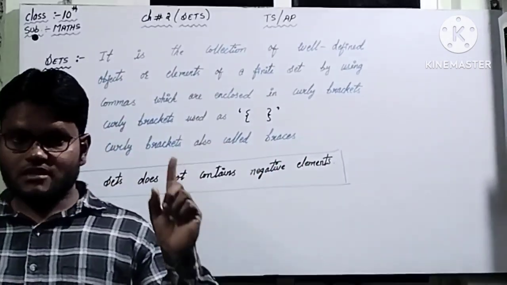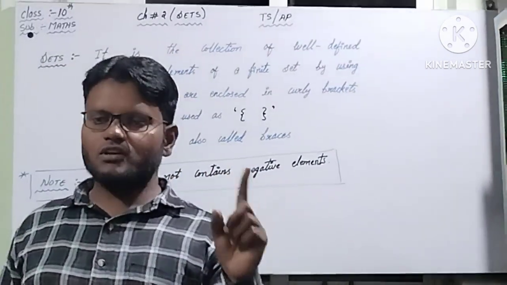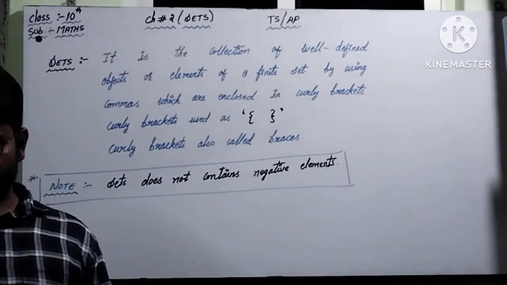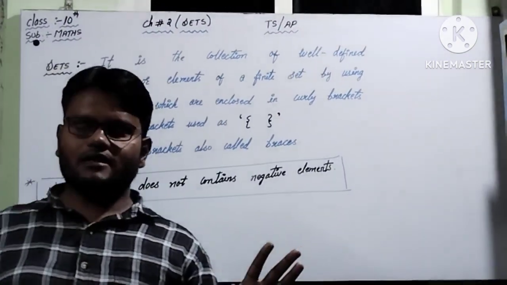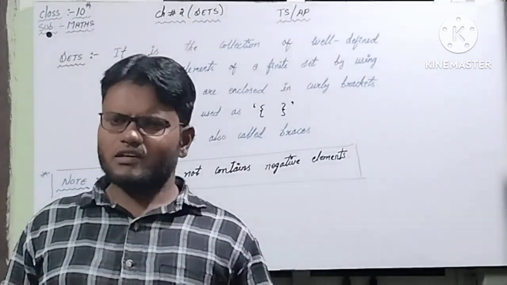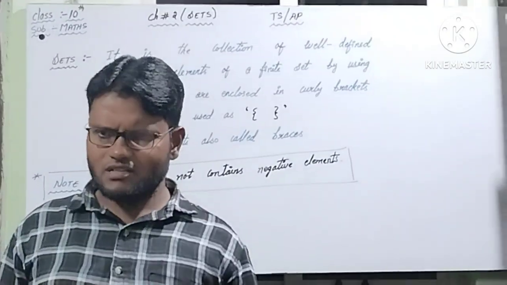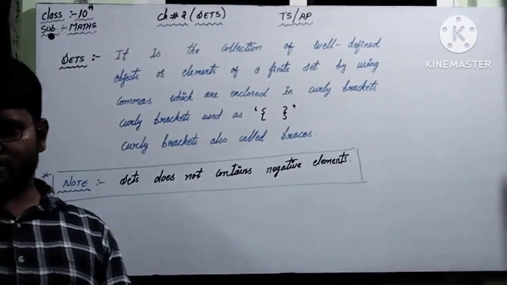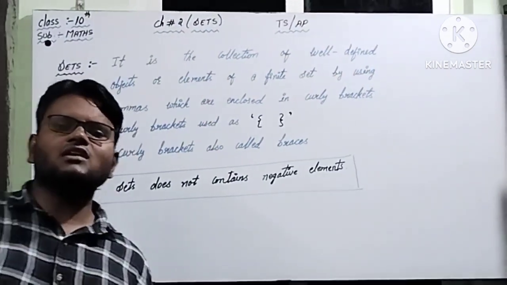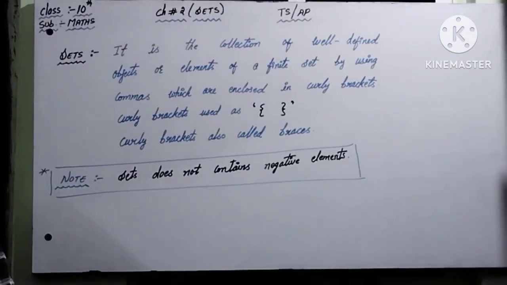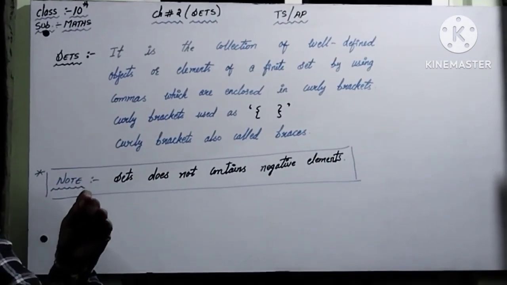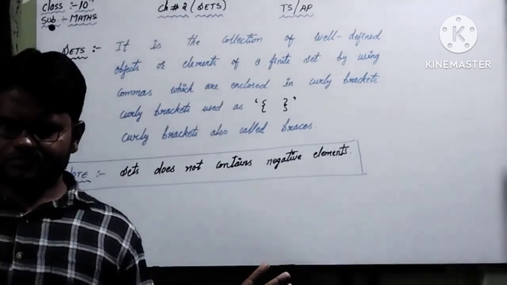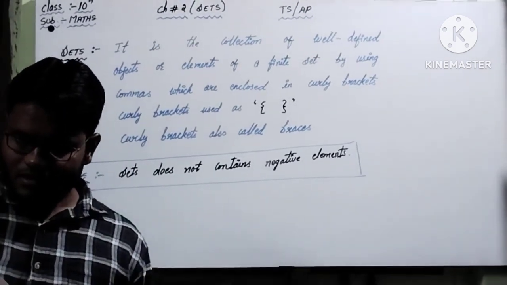Sets use only capital letters, and whatever elements they have, we write in small letters, or numbers, any object. Whatever we write in the braces are called elements, and for those elements we just keep commas.